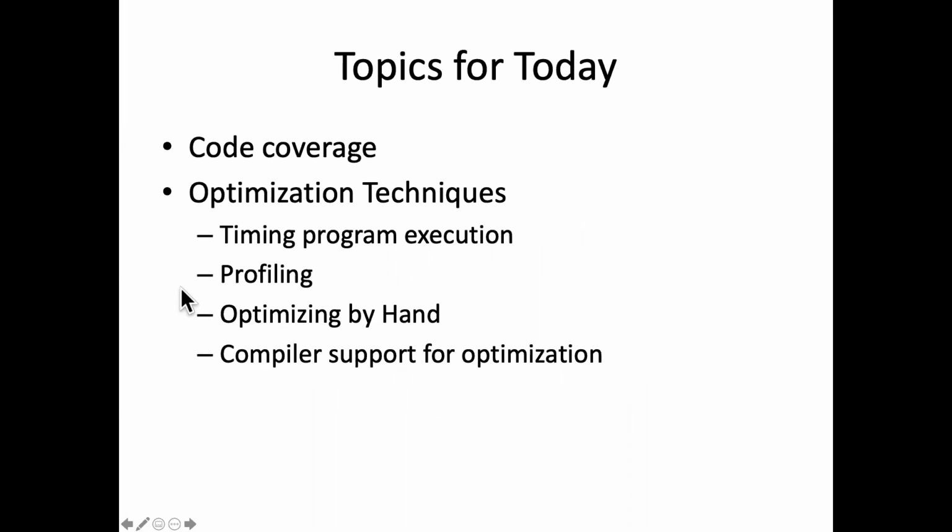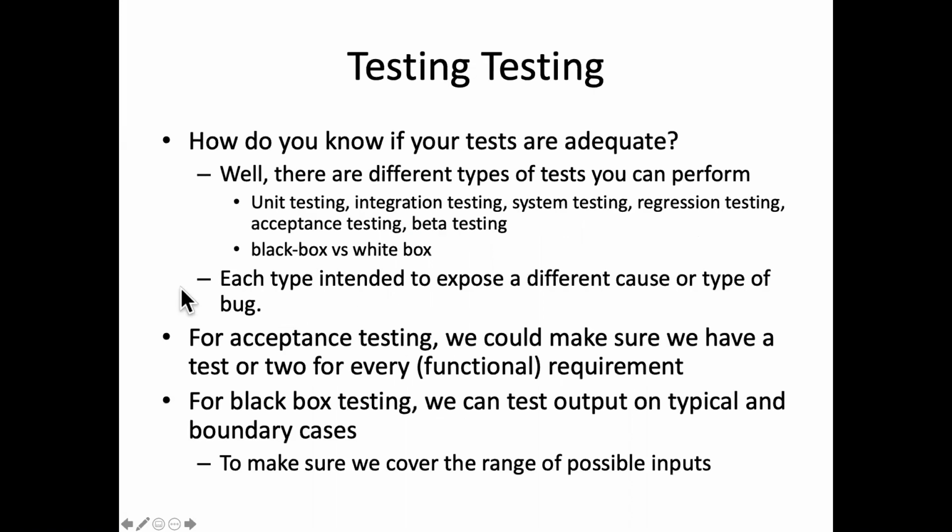We'll start by talking about measuring code coverage. You probably did this in Java whenever you were thinking about testing your code. For white box testing, you write tests with some knowledge of what the source code looks like.